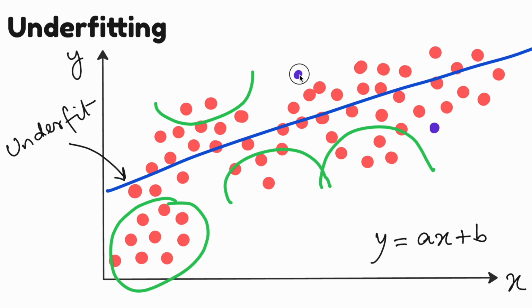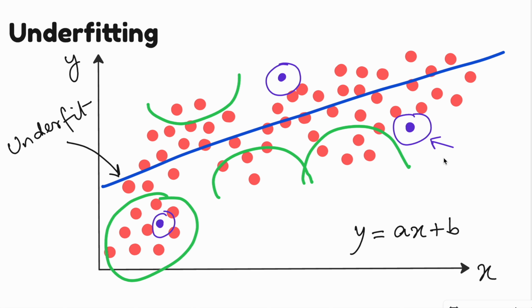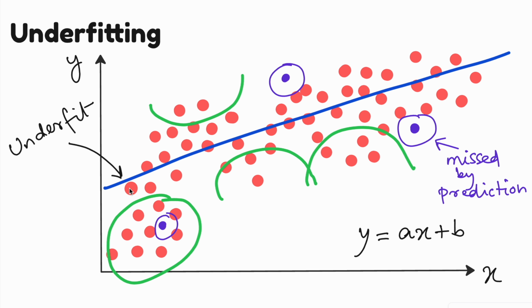And if we get a prediction point here, or here, all these prediction points will be missed by the line. So this point and this point will be missed. And of course, there would be a lot of other points which will be missed by the prediction. So that's why you can call this equation, which is represented by the blue line, an underfit to the data points.